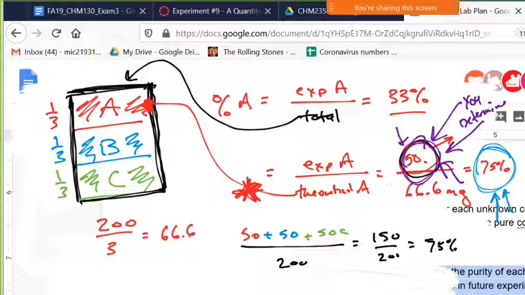It doesn't make sense to do that calculation out of the total because the total wasn't all compound A. Okay, so you should be giving me 3 values. Okay, 3 percentages like this: 1 for A, 1 for B, and 1 for C. Okay, that's part A of the percent recovery.